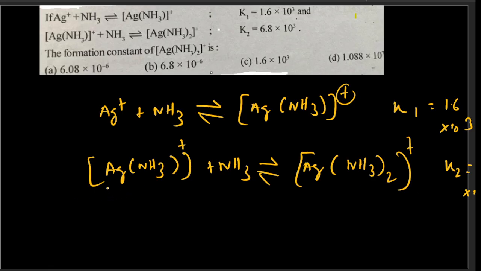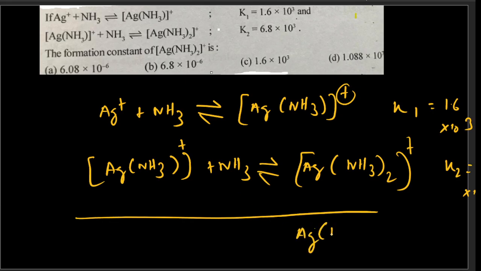They ask for the formation constant for Ag NH3 2 plus. So what is the formation constant for this?